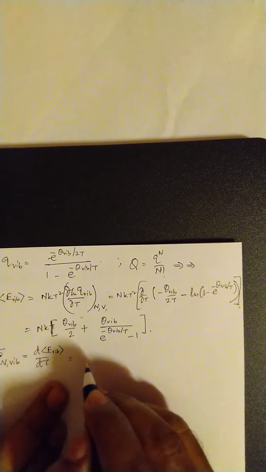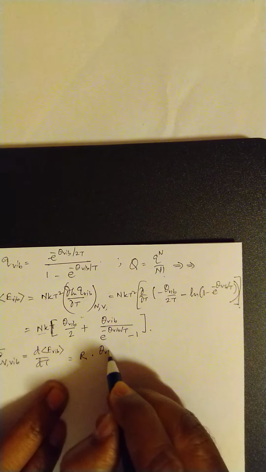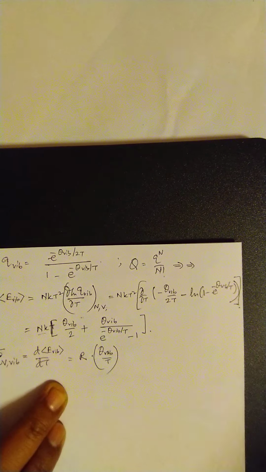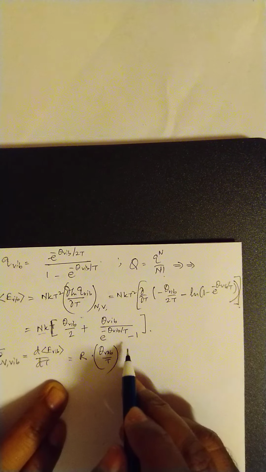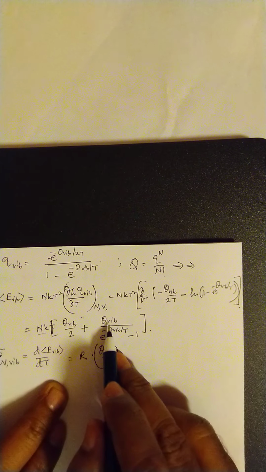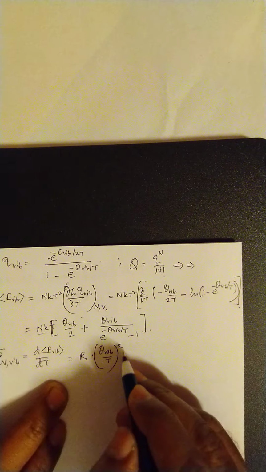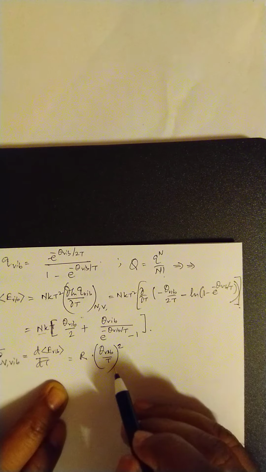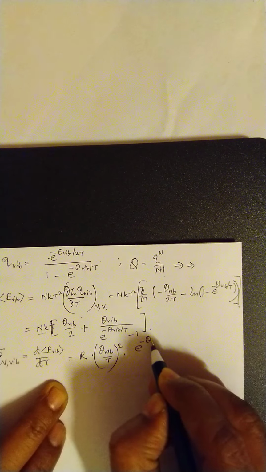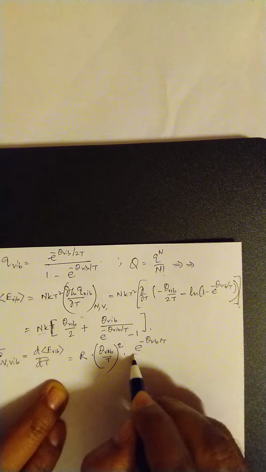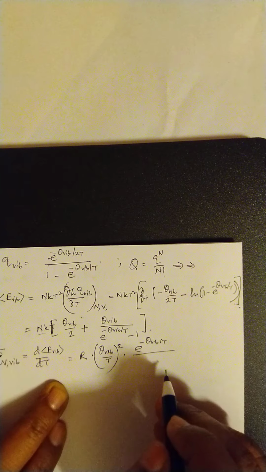When you differentiate, you get R times theta vibrational by T whole square, because from the derivative you get theta vibrational, and 1 by T differentiation gives 1 by T square, and then e to the power minus theta vibrational by T divided by something like this.